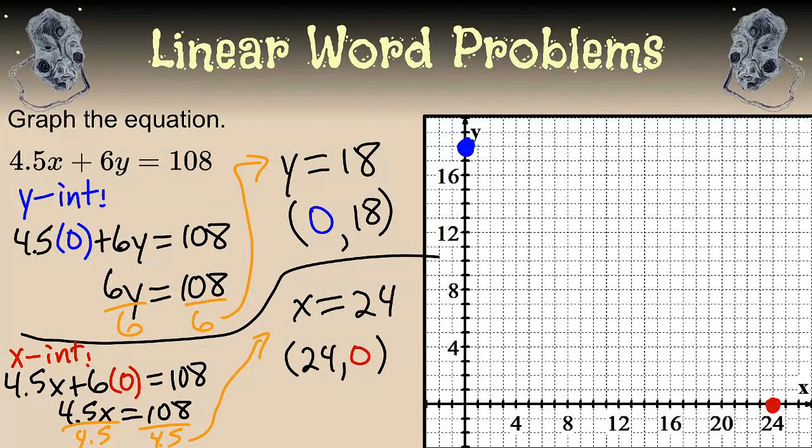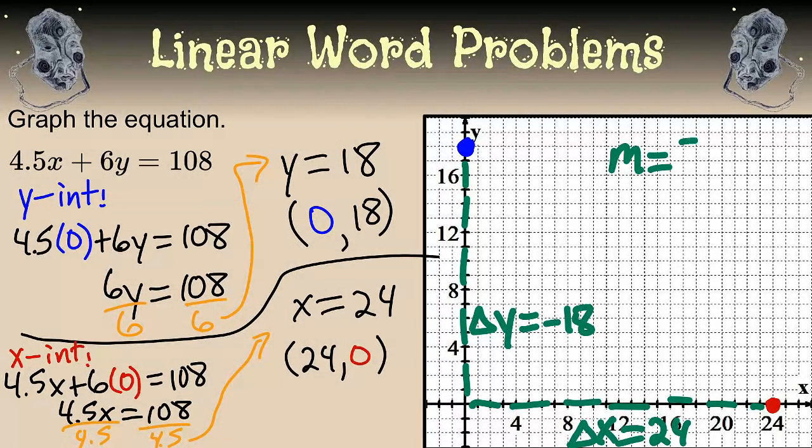So notice that it's easy to find the delta y and the delta x. The delta x is 24. The delta y is negative 18. So our slope is negative 18 over 24.